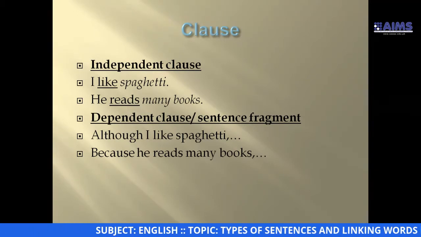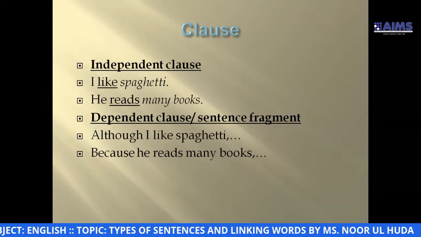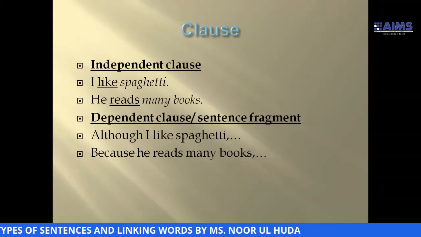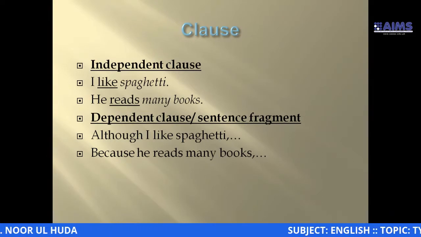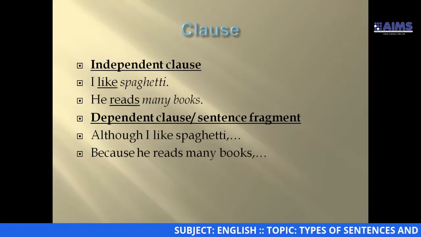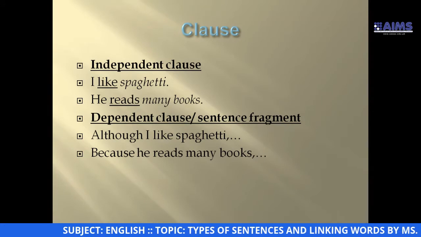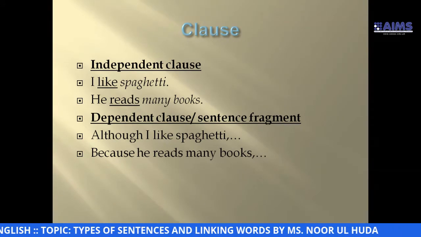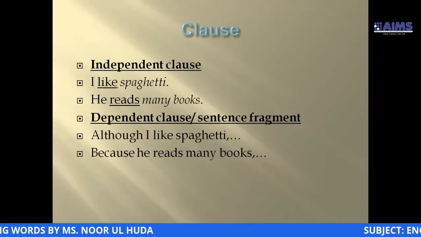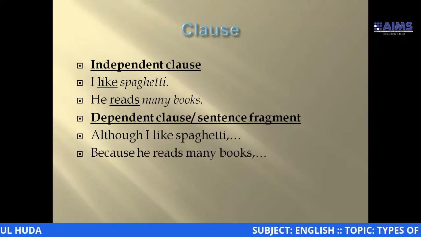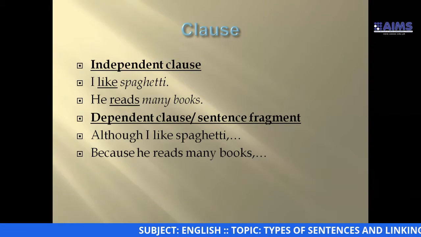Let's suppose, I like spaghetti. I like spaghetti is a complete sentence which has a purpose behind it, and it does not require any information to complete the meaning. He reads many books is also a complete sentence having the complete information in it. So it could also be called a simple sentence.